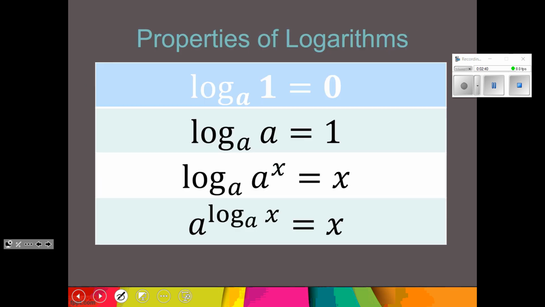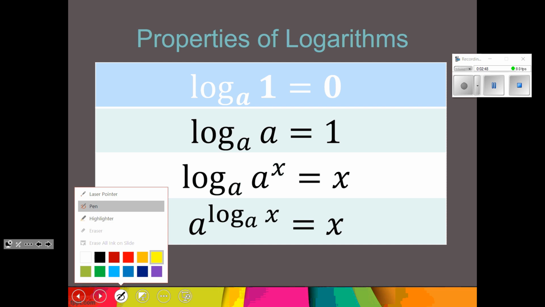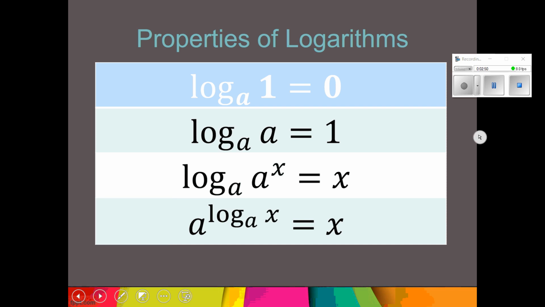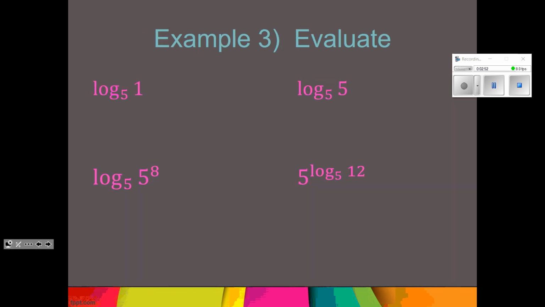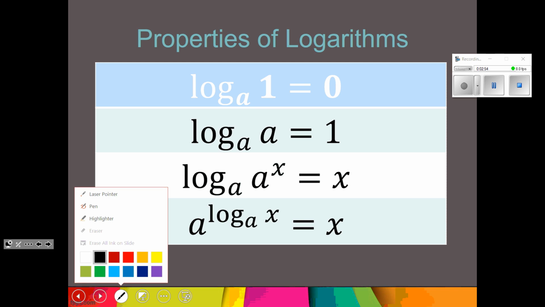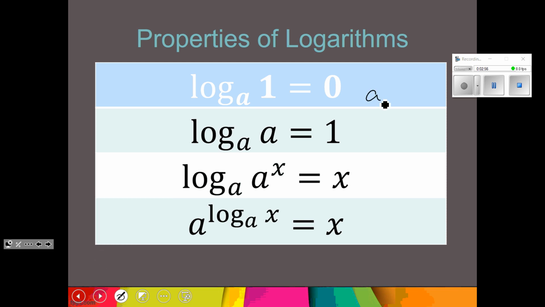So let's expand a little bit more on that and look at our properties. The log base a of 1 is equal to 0. If you wrote that in exponential form, it would say a to the 0 power is equal to 1. And we understand that.